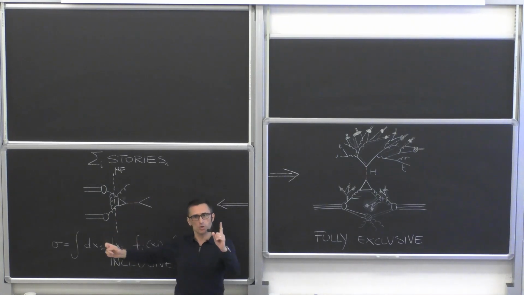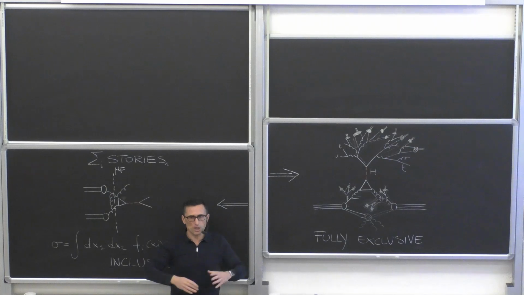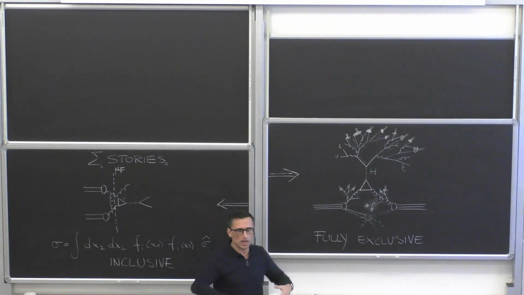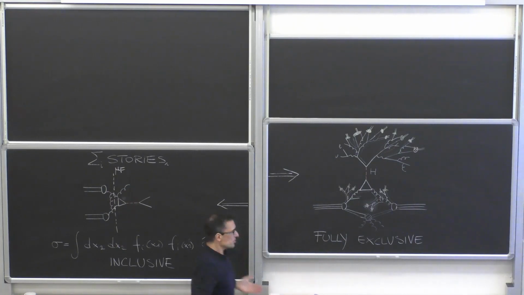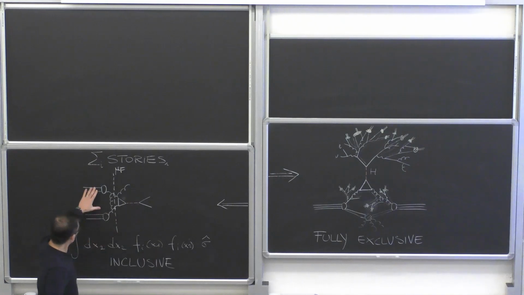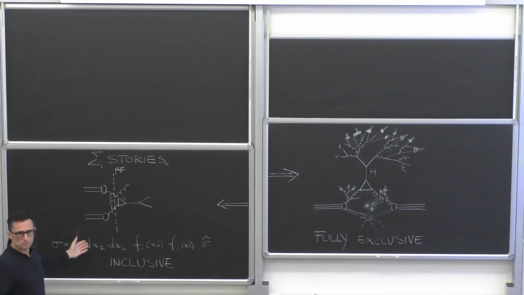I'm picking one. So I'm doing a simulation for the LHC. I generate 1 million stories, or 1 million events. Each event is one possible story of how the pp collision came to produce a Higgs and then decay. And what I want is that the way I associate a story respects the probability predicted by QCD.